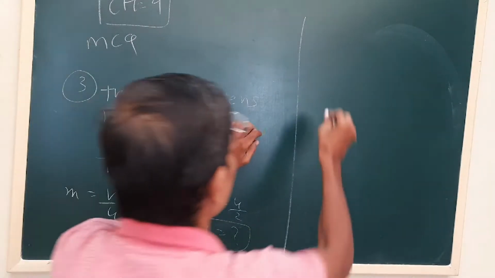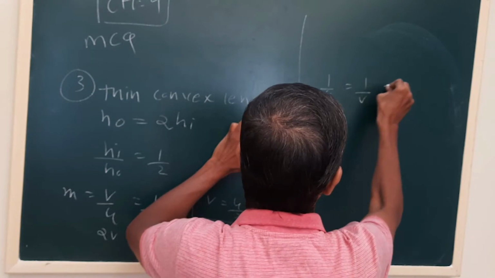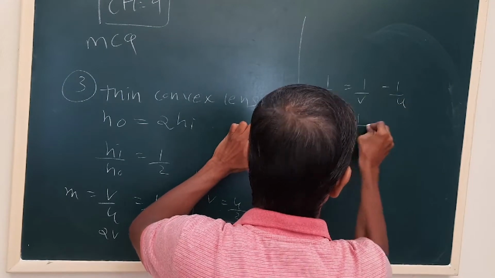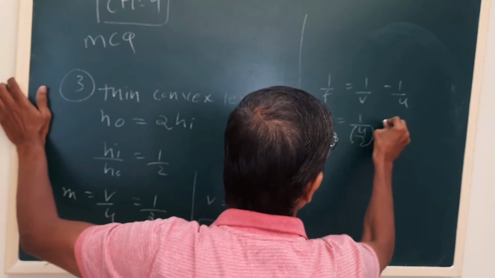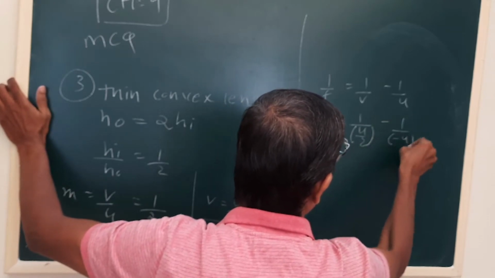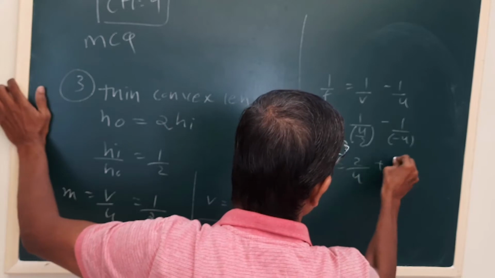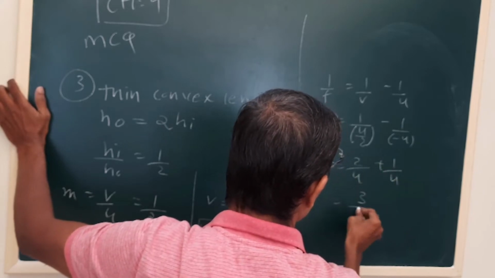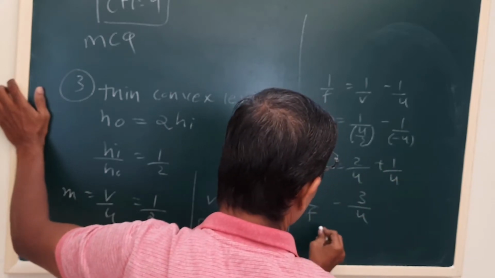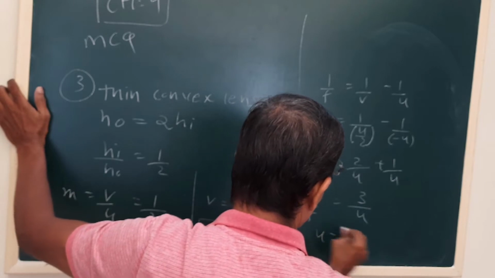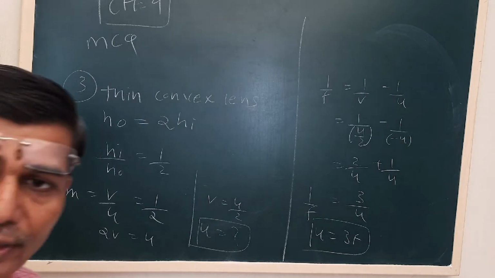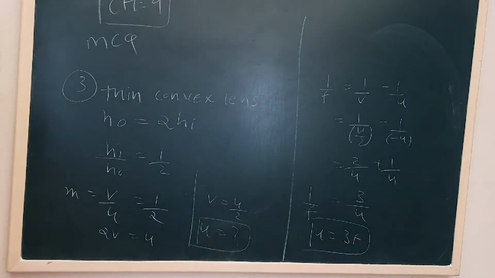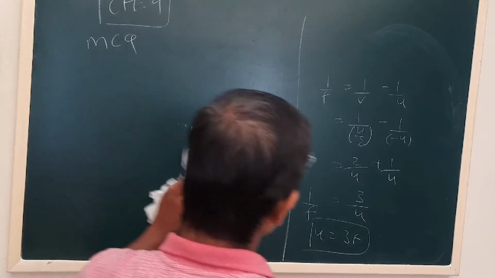Now our formula is 1 upon F is 1 upon V minus 1 upon U. V is equal to U by 2, and U is always negative, so it will be 2 by U plus 1 by U, that will be 3 by U. So U will be 3 F. Here the option will be in terms of F only, so this is how we can obtain the object distance. Now see our next MCQ.